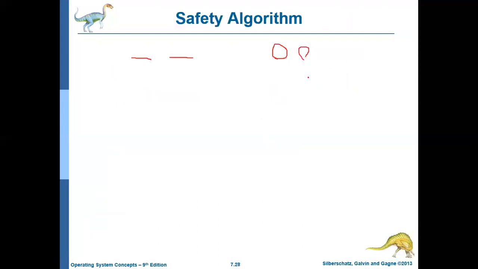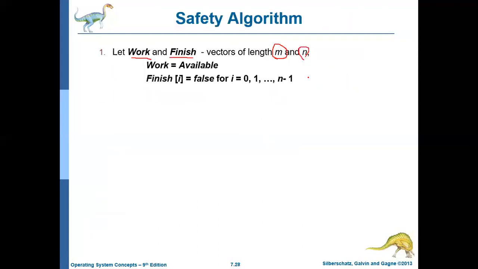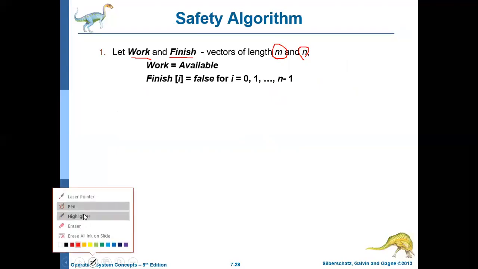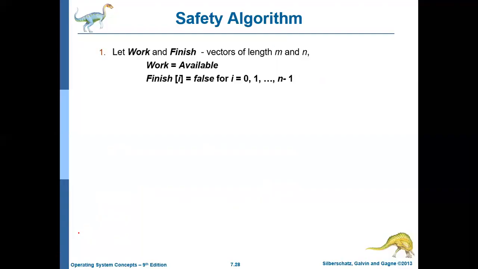So basically available is a vector which represents how many instances of each type of resource are currently available with the operating system. That's it. It is as simple as that. That's what this vector available contains.